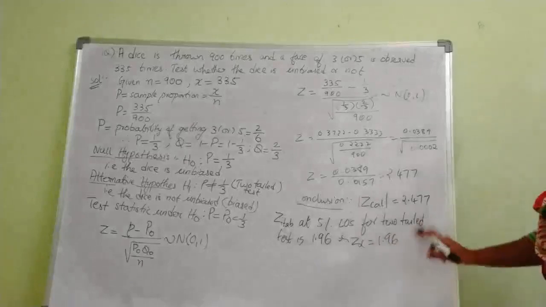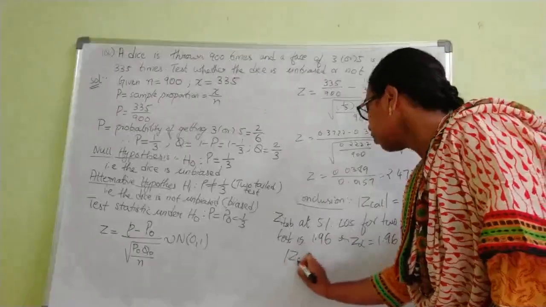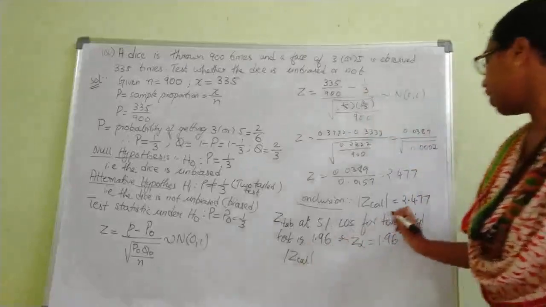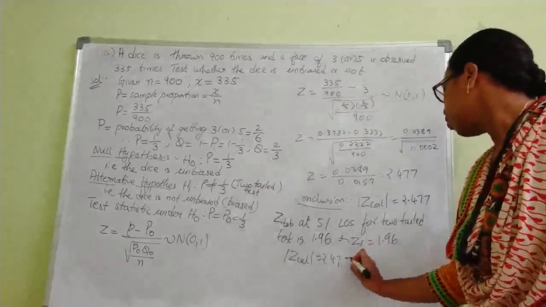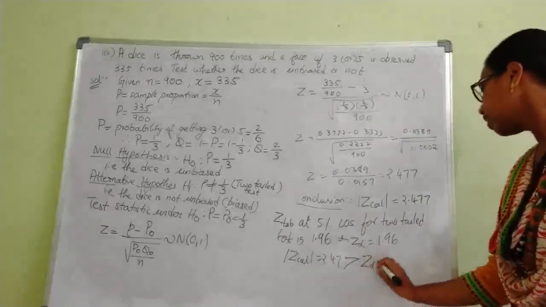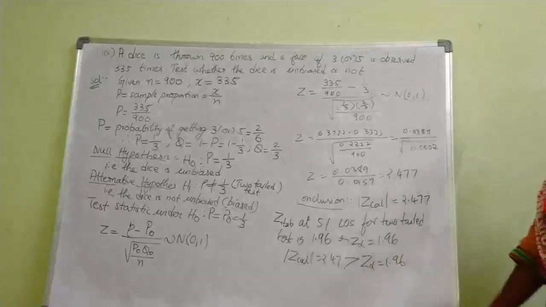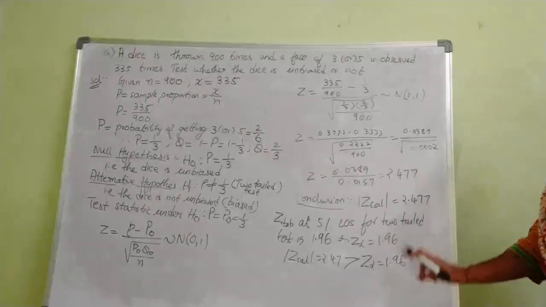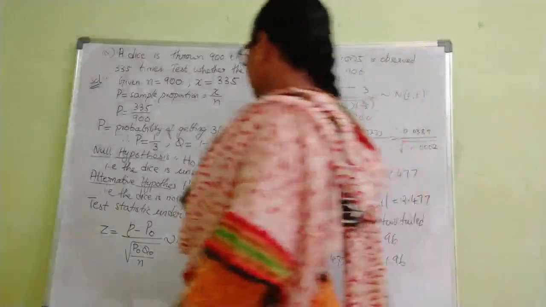Now compare this one, mod Z calculated. What is the mod Z calculated value? 2.47 is obviously greater than the Z alpha, that is 1.96. So if the calculated value is greater than table value, what is the decision we are going to write?